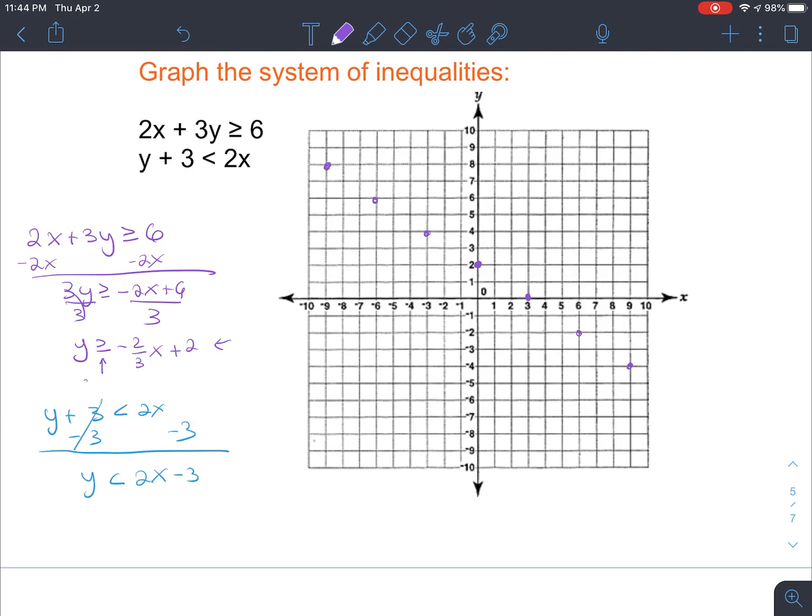Well, we have an or equal to, so that will be a solid line. So when I graph this, I can connect these with a solid line. Will it be shaded above or below? Well, it's a greater than, so that means we're going to shade above. So that's everything up here. And let me label this: y is greater than 2.